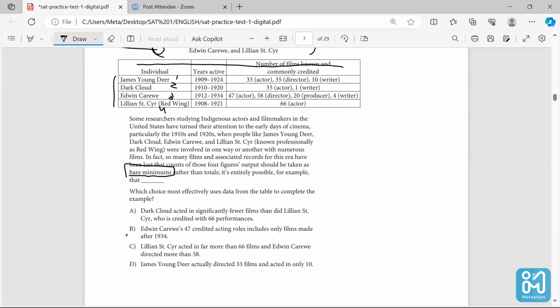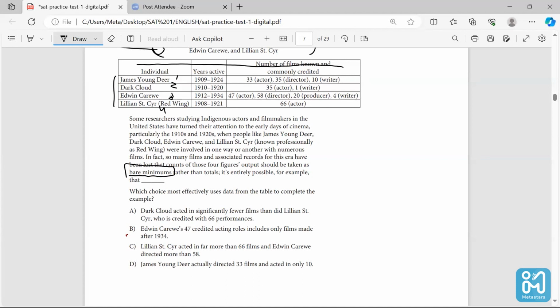Now, I need you guys, without going back to the paragraph, to match these options with what's in the table. Take less than a minute to compare and see what is true about this table.